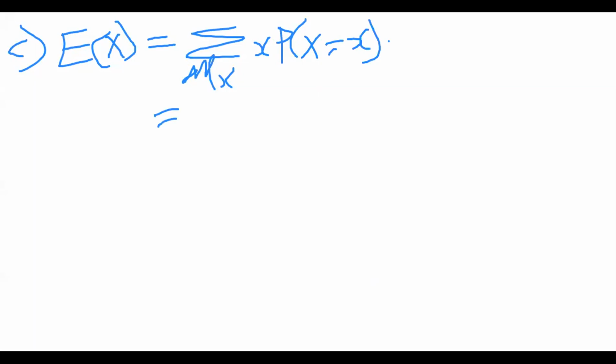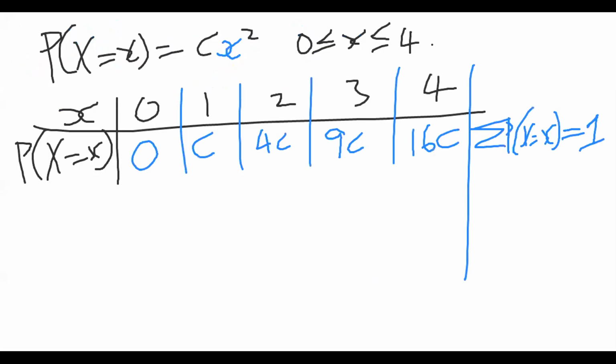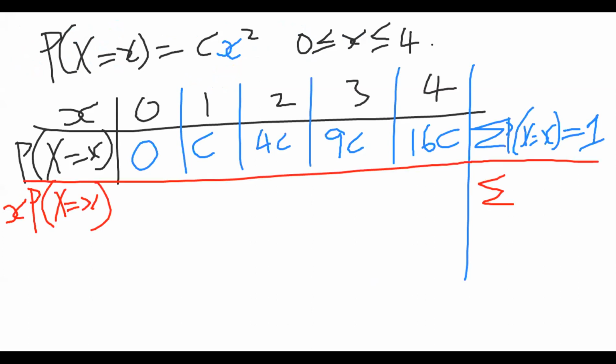So you substitute the values. But you always summarize everything in the table, meaning that we shall go back to our table and we simply write that x times its probability down here. So we shall say that the summation of x times p of x equals to x, we shall add the total here.